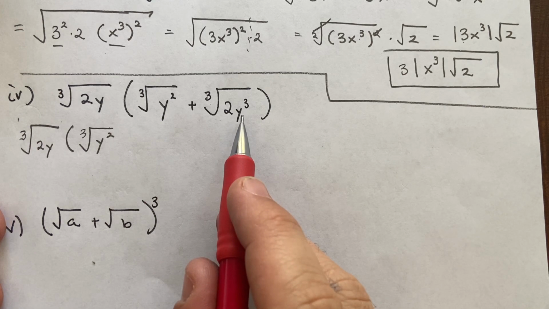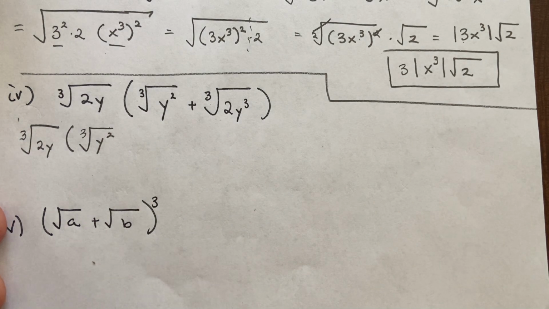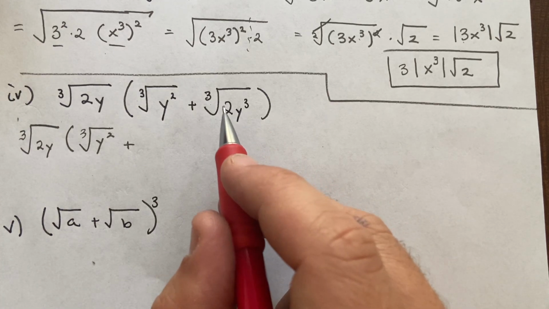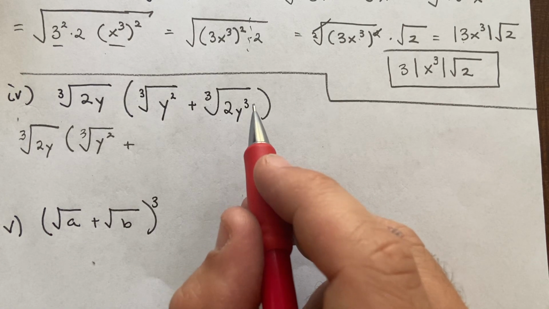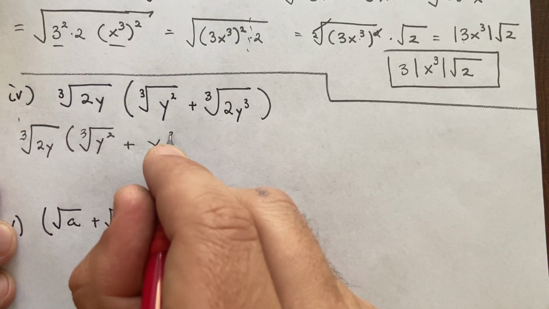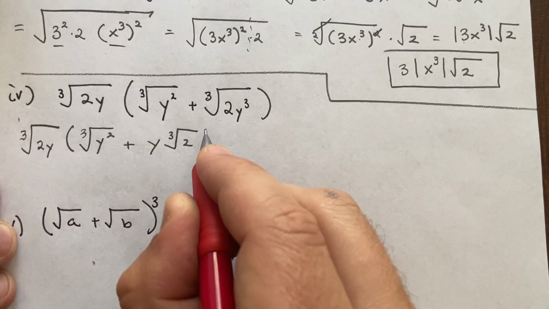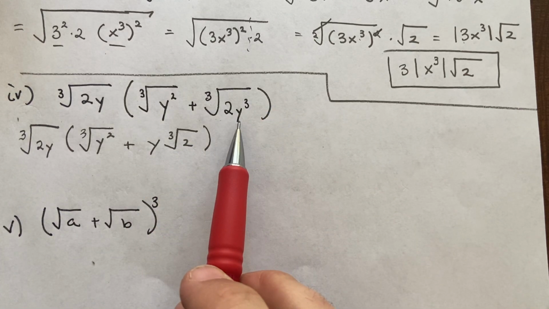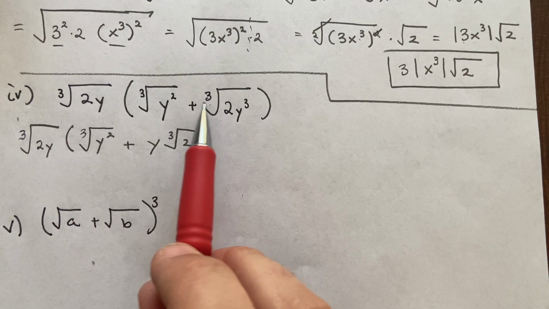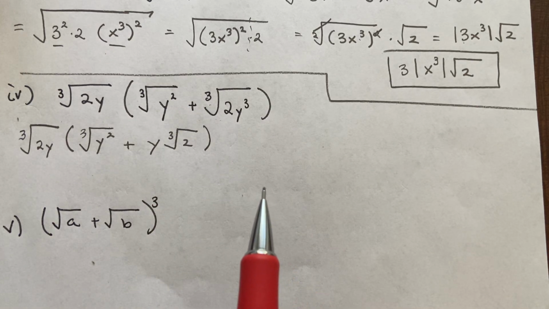So just to do that simplification maybe a little more quickly, since I have a cube root of something cubed, I can just write that as that something. So we'll have a y times the cube root of 2. Right, this simplification will lead to this. It's an odd index, so no absolute value going on.